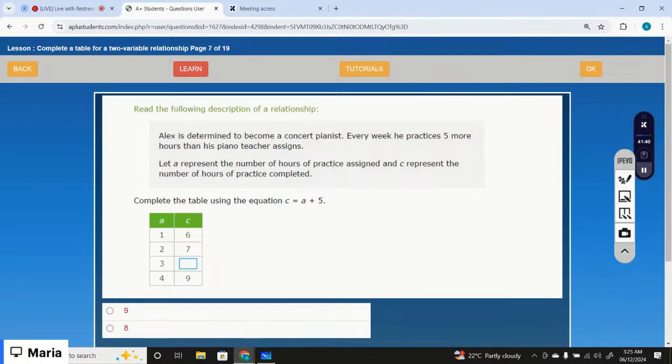Complete the table using the equation c equals a plus 5. So which is the correct option?